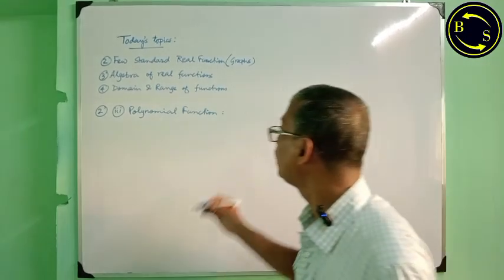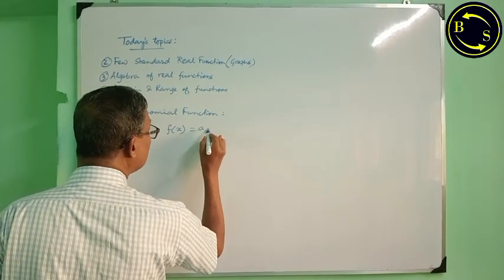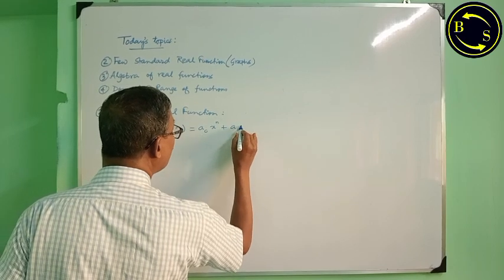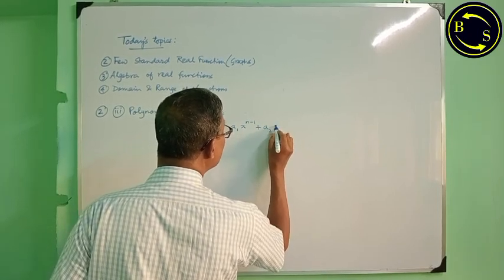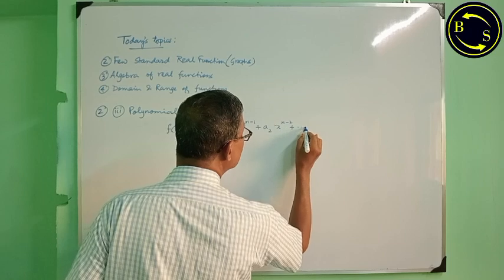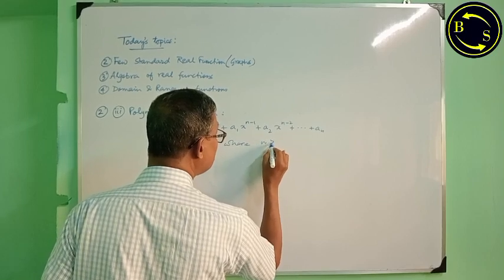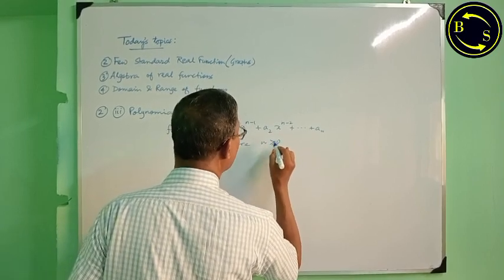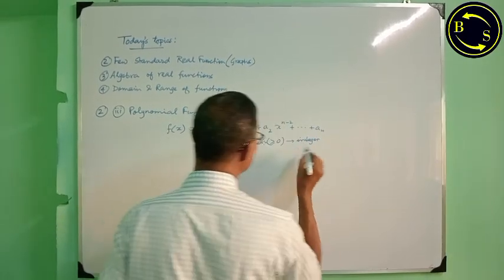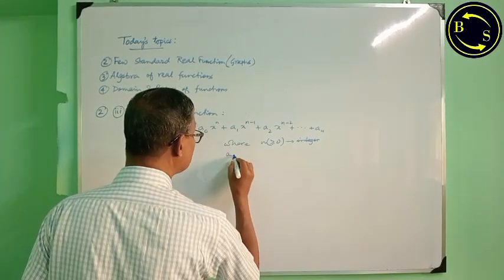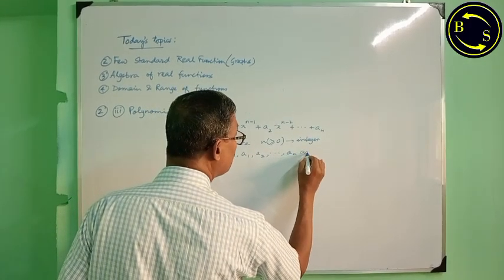Then we have the polynomial function. This is given by a naught x to the power n plus a1 x to the power n minus 1 plus a2 x to the power n minus 2 plus dot dot dot plus an, where n is an integer, of course positive, also 0, and a naught, a1, a2, an are constants.